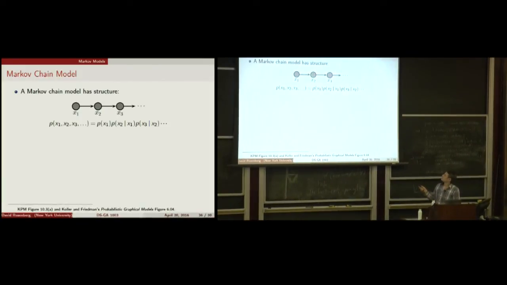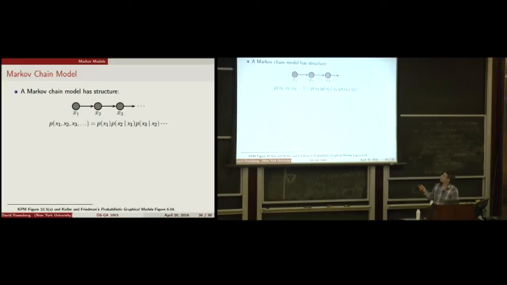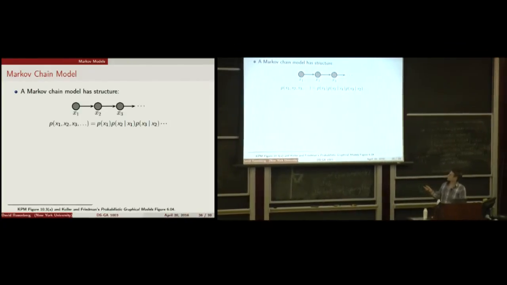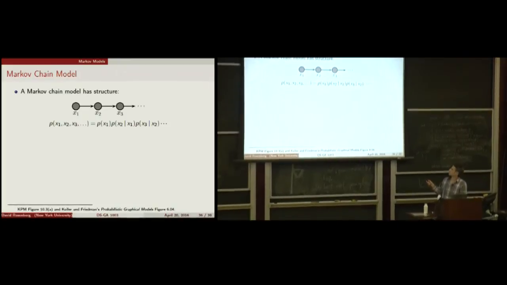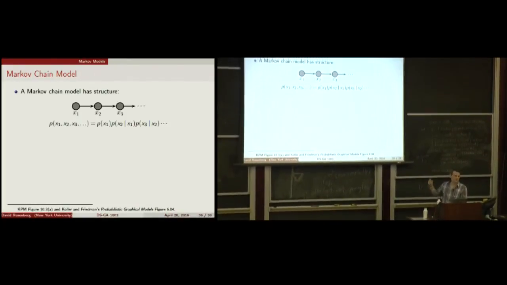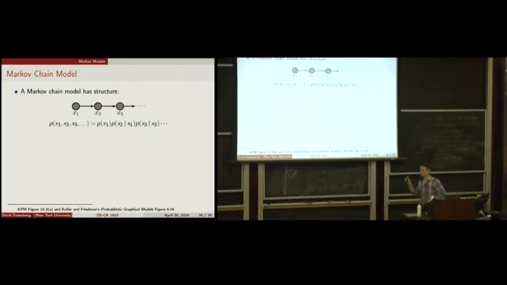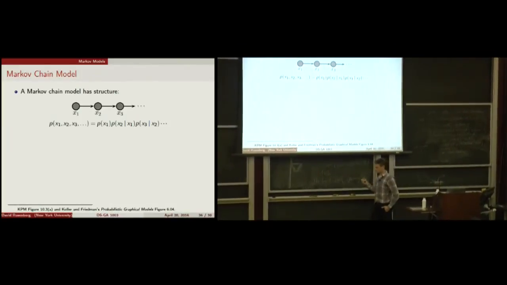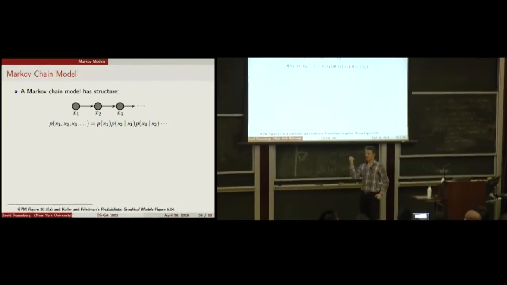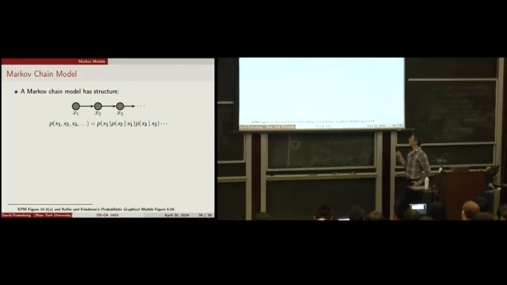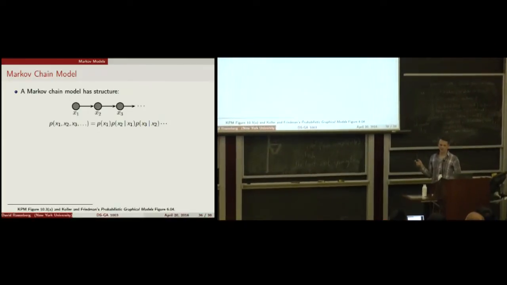And then X3 given its history is just conditioned on X2. So the whole joint can be written in terms of factors in which the current variable only depends on its immediate parent. So that's how the Markov chain factorizes.